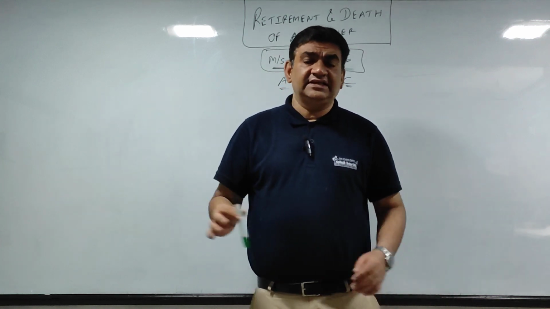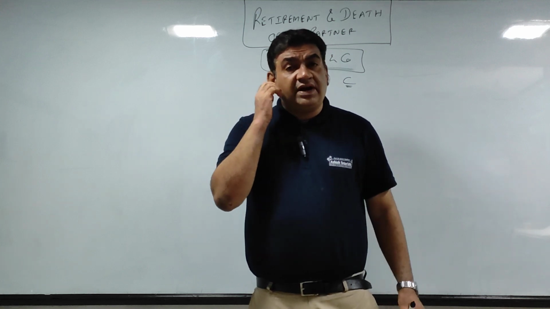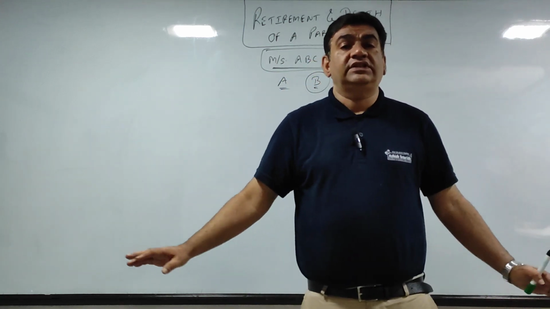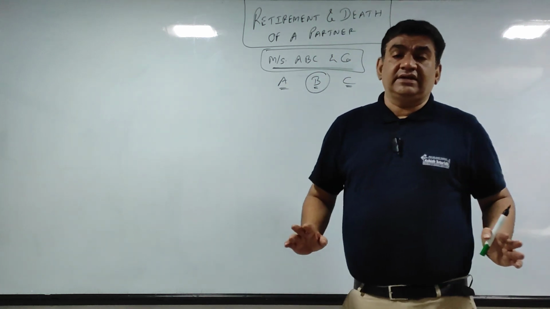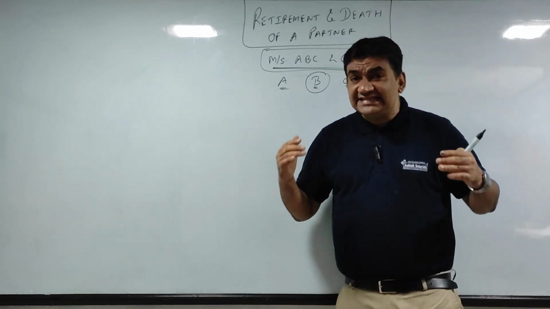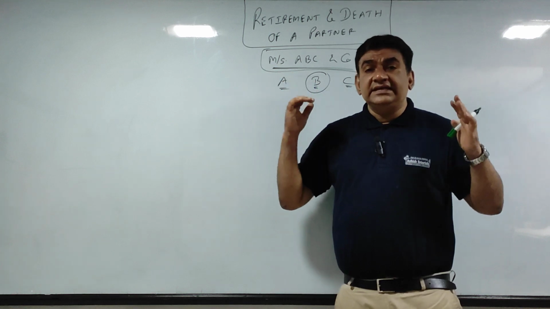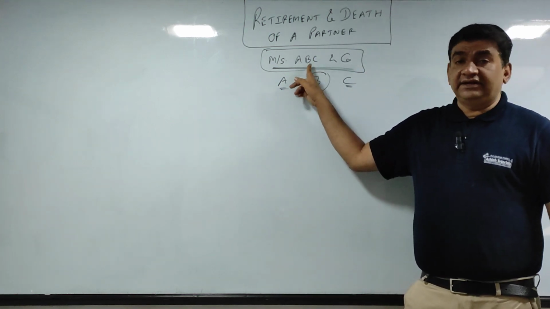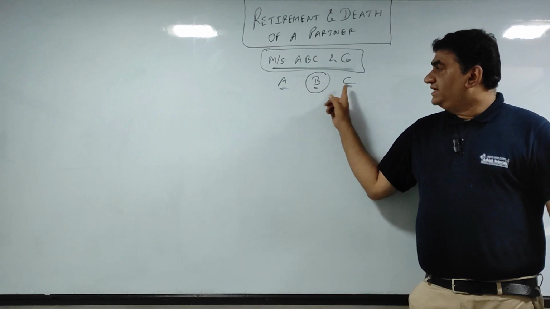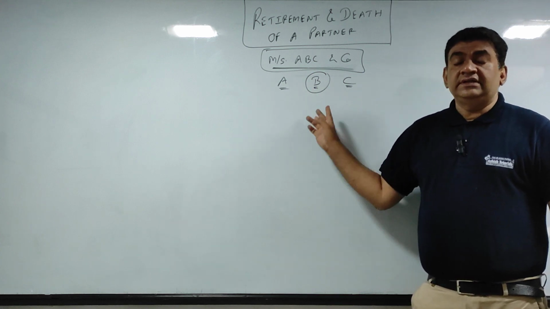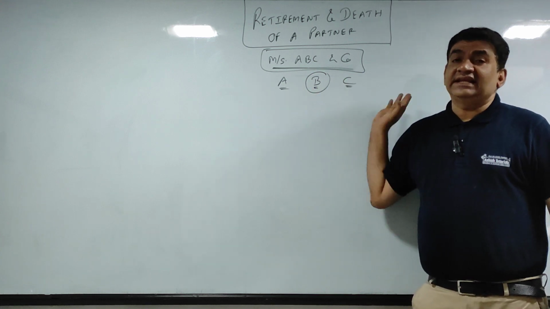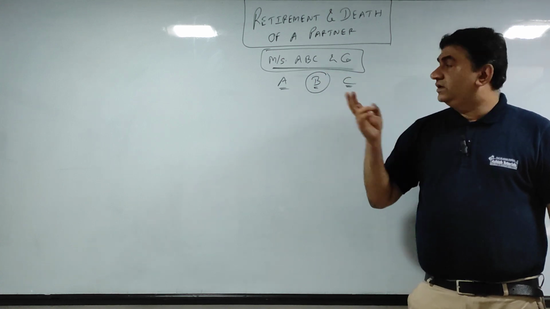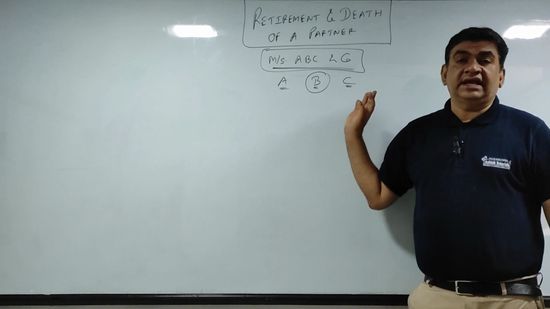Or for any reason, a partner wishes to discontinue with the firm as a partner, so he is exiting the firm, he is out of the business, he has retired. So where there was A, B, C, B goes out and now A and C remain. It's up to A and C whether they want to take a new partner or not. Otherwise, A and C can continue.